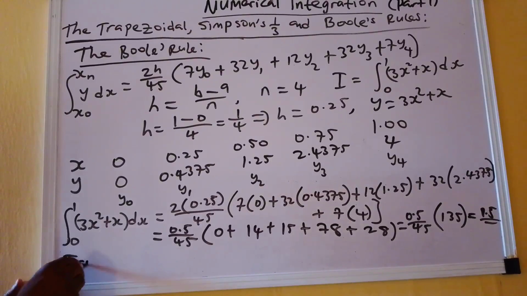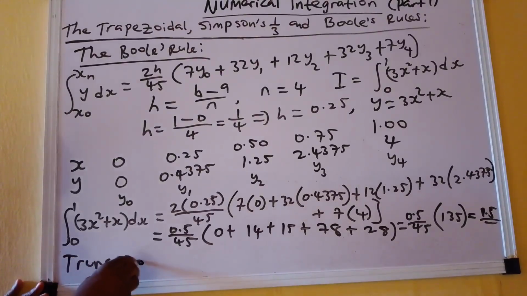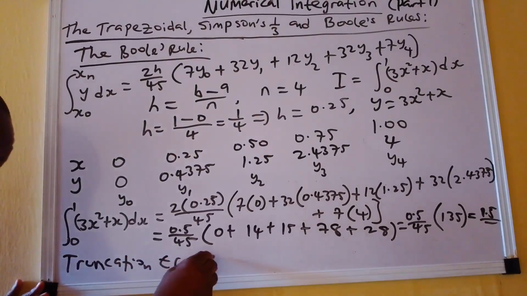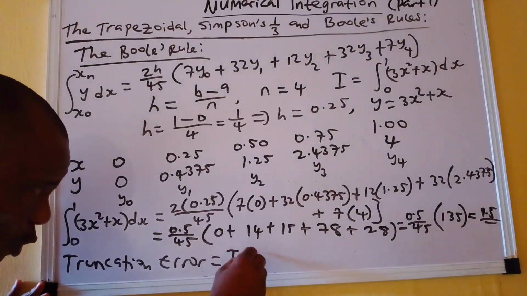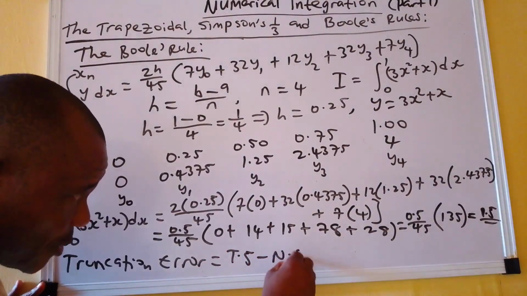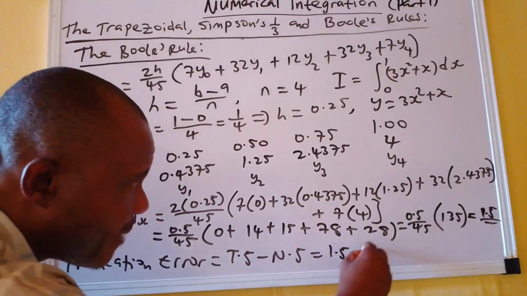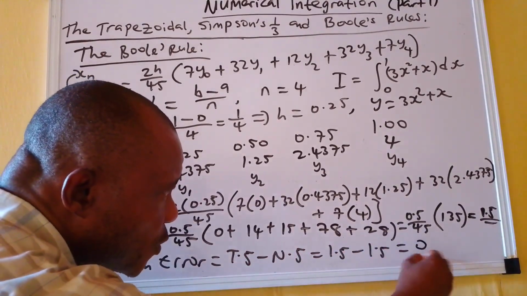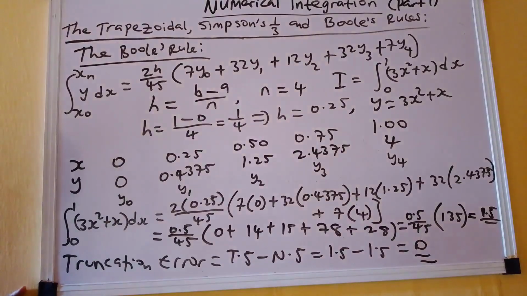So our truncation error will be equal to the true solution minus the numerical solution, which is 1.5 minus 1.5, equal to 0. So the Boole's rule is error-free for this particular problem. It has equal results with the conventional method, 1.5.